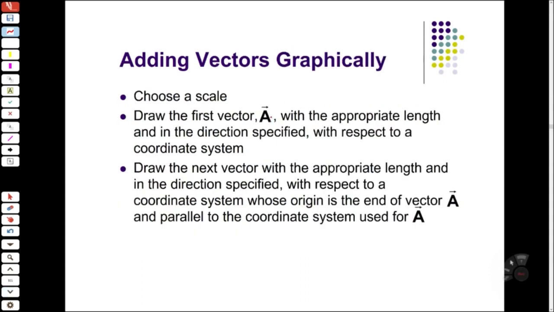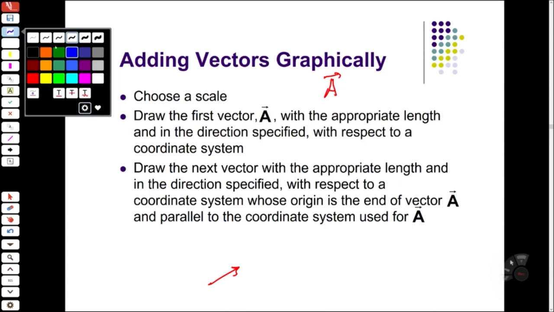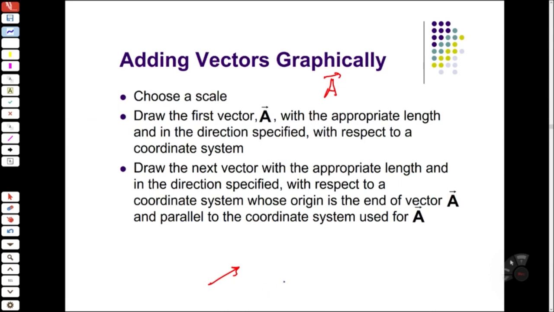To graphically add two vectors, suppose you have A, which is in this direction and this magnitude, and you have another vector B, which for example is in this direction. So how do you add these two? The addition is very simple.